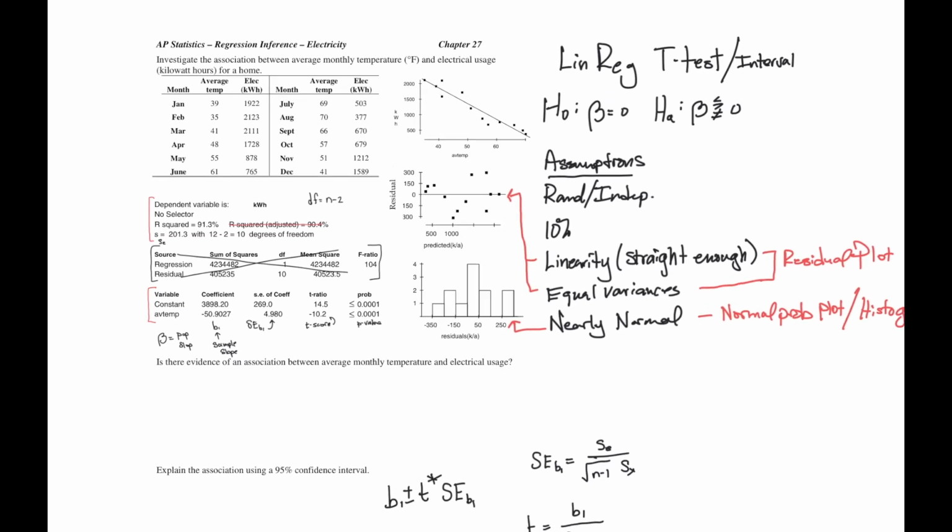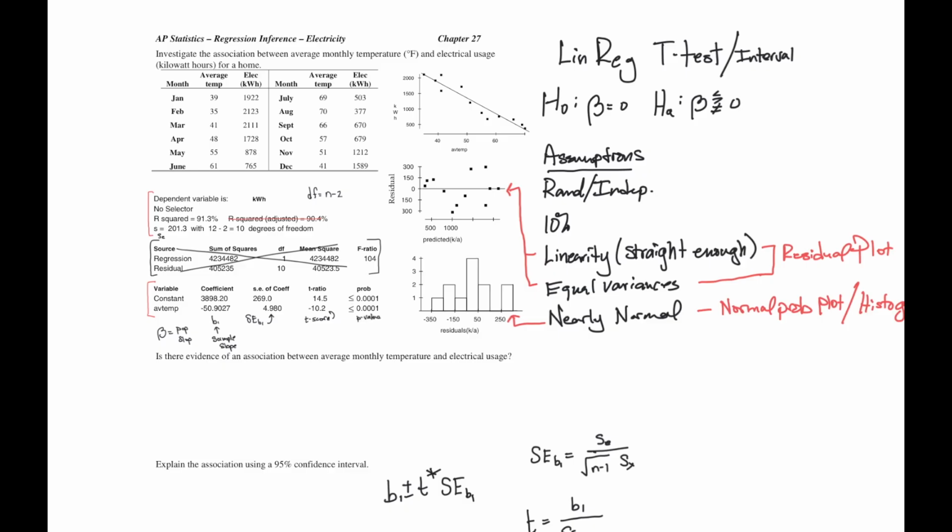Now, if you go down to the question, here it says, is there an evidence of association between average monthly temperature and electrical usage? So we've talked about assumptions, the null hypothesis. The name of the test obviously would be the LinReg T test. The good news is there's only one test and there's only one interval for this.